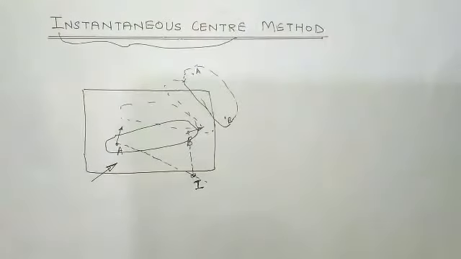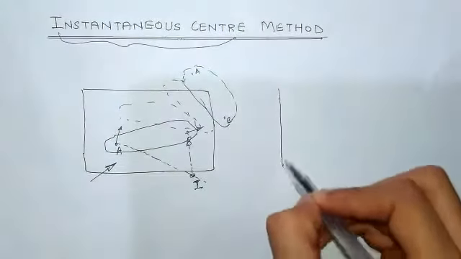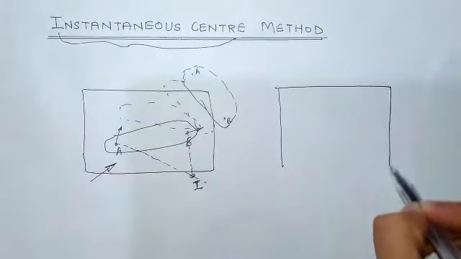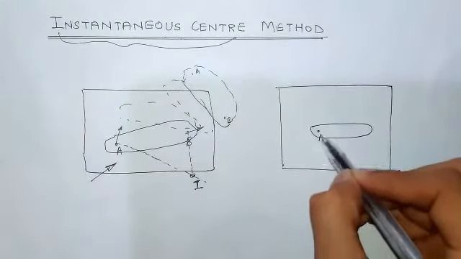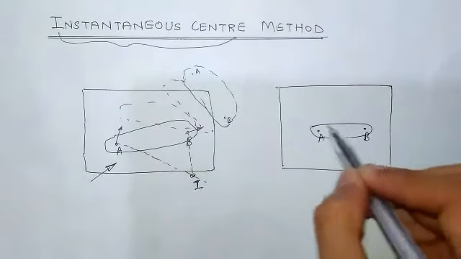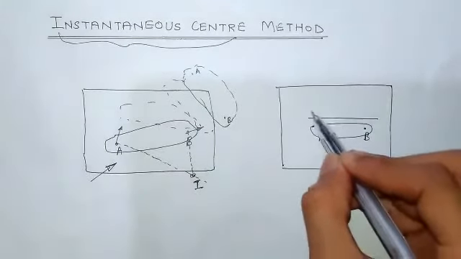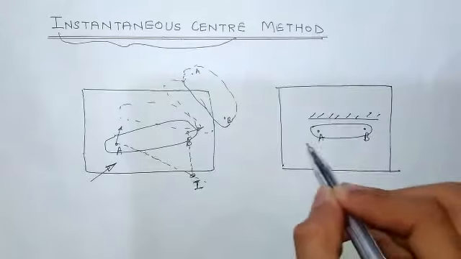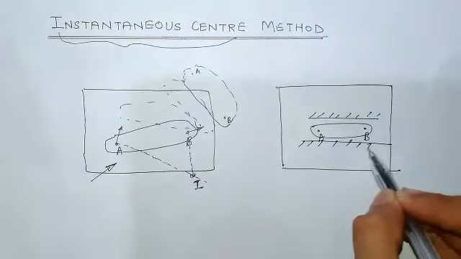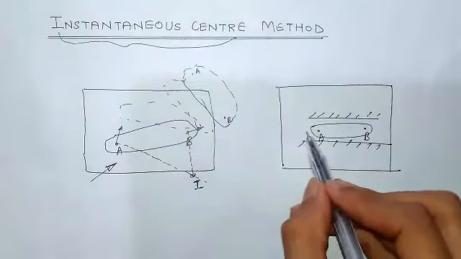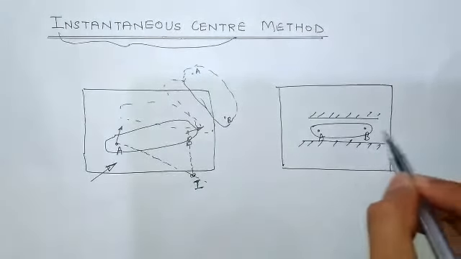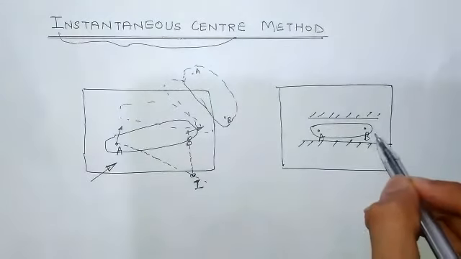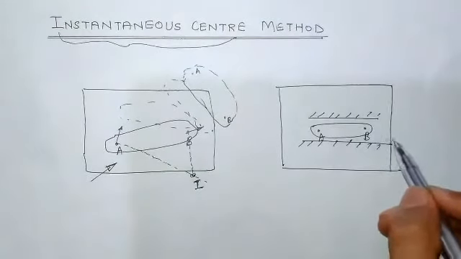Now let us take a special case. With the same body, same points A and B, we have bounded this body with a sliding pair, which means whatever force you apply, the body is going to move only in that particular direction. In this example, it is going to move only in the horizontal direction.